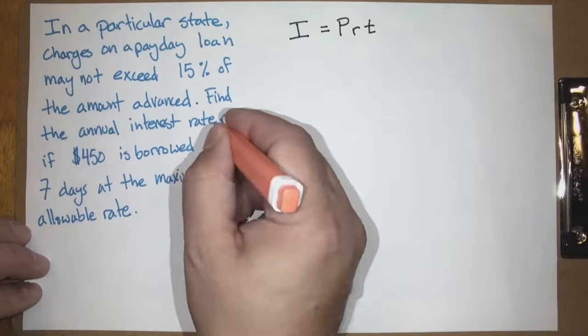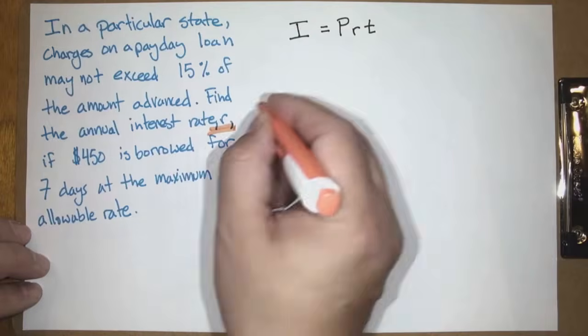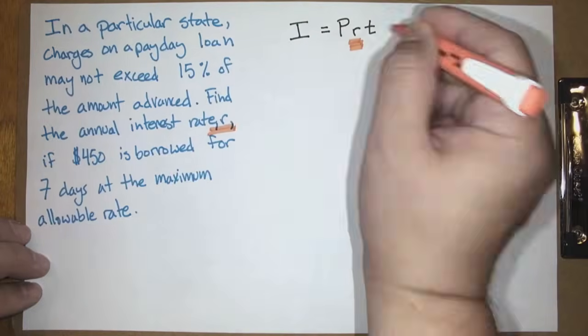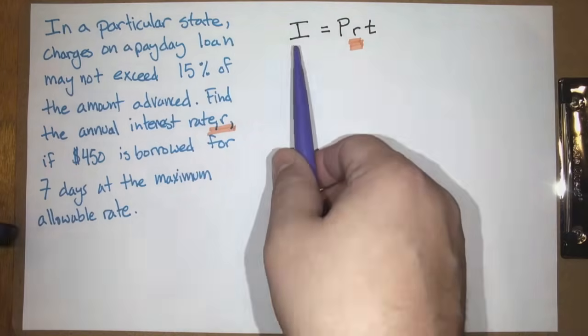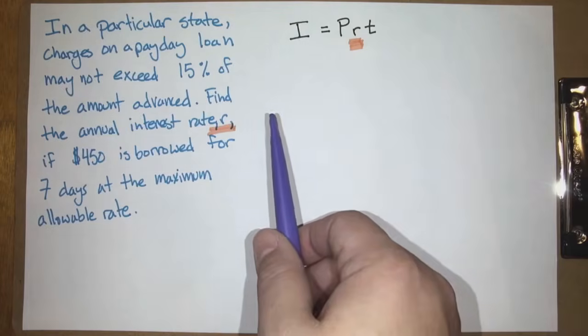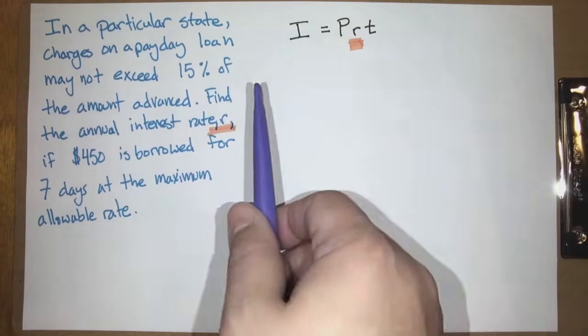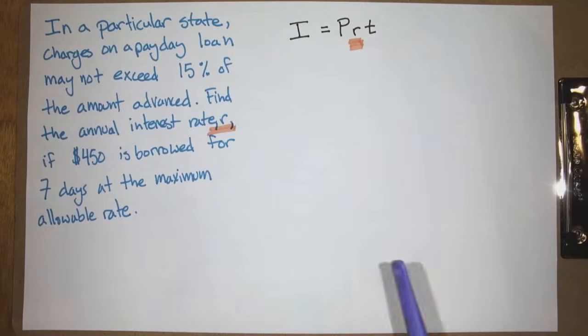We're trying to solve for R. I think we missed International Talk Like a Pirate Day. That was, I think, sometime last month. But we're trying to solve for R. So let's think about what we know. We have to know these other pieces of information. So let's just pick one. Pick a symbol: I, P, or T. And we'll talk about it.